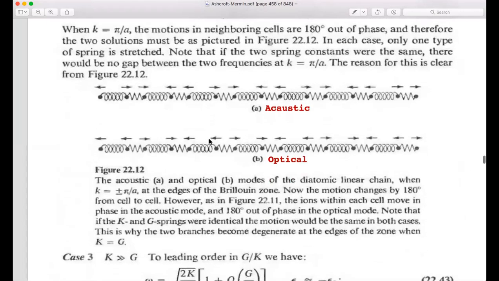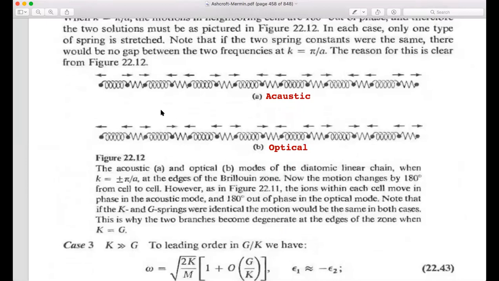When you go to the zone boundaries, all that changes is that the epsilon 2 by epsilon 1 values are again the same. It is 1 for acoustic branch and minus 1 for optical branch. So for the acoustic branch, two atoms in the same cell would do exactly the same. They would move in phase.